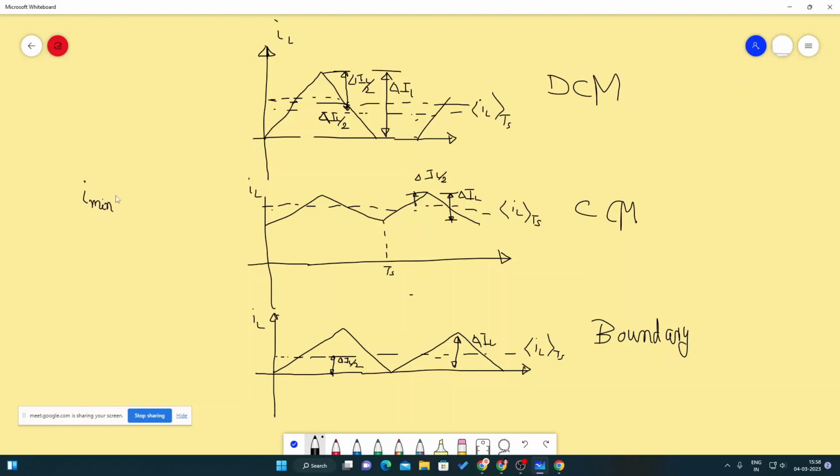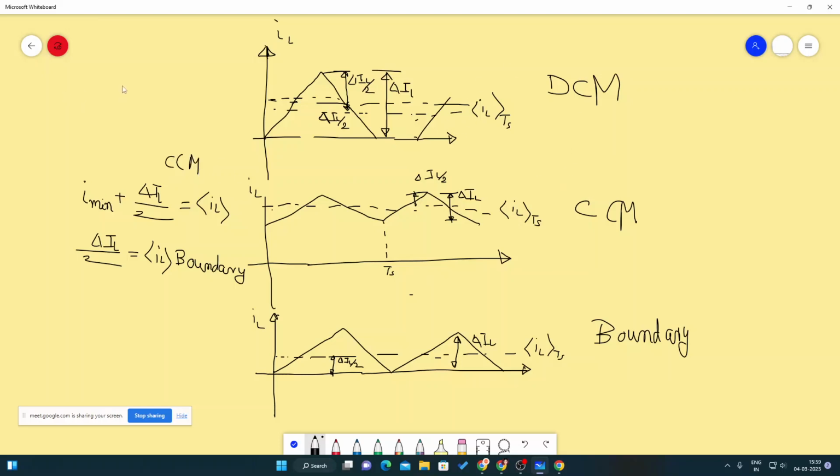So you said I minimum plus delta IL by 2 equals the average value. Correct. In the boundary, we have delta IL by 2 equal to the average, where delta IL is the peak to peak ripple current. This is the boundary, this is CCM.